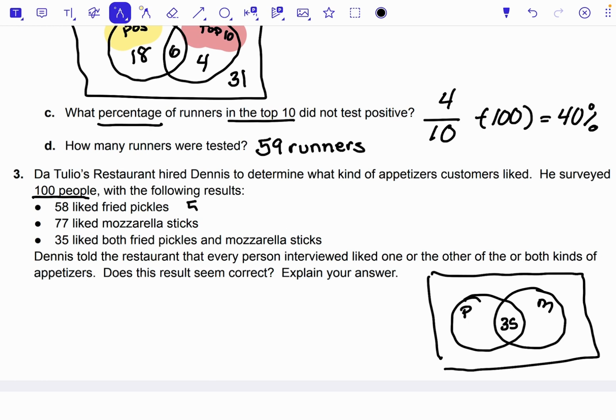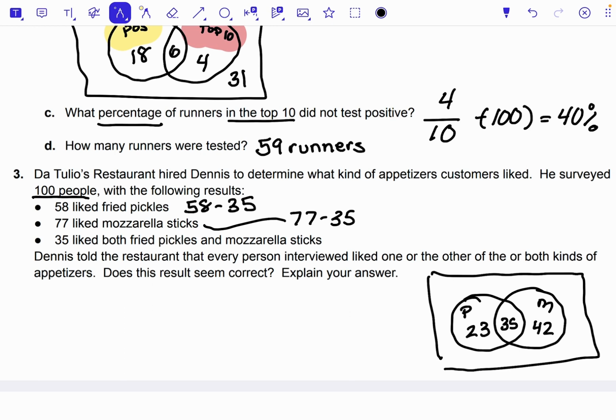So if I take 58 minus 35, I would wind up with 23 people who like fried pickles only. Same idea with the mozzarella sticks. So 77 minus 35 would get me 42.